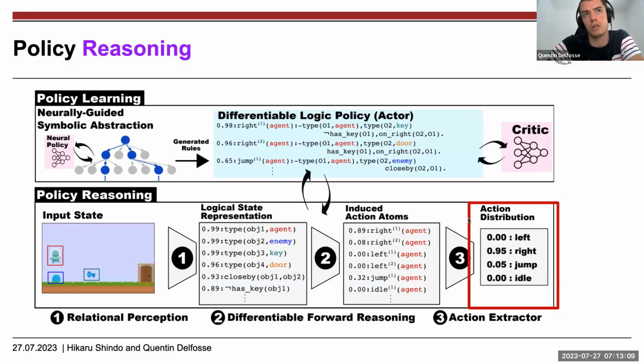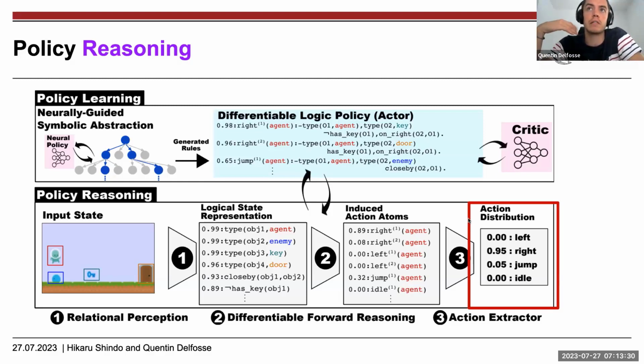So this is why you have different rules for one action, and then you have to combine those values. This is what you see in the induced action atoms. We have different values for the different rules that we obtain. Also, there are 2 problems at hand here. The first one is to find sensible rules, and then it's to order which rule is more important than the other.